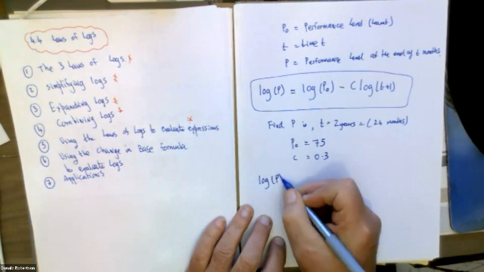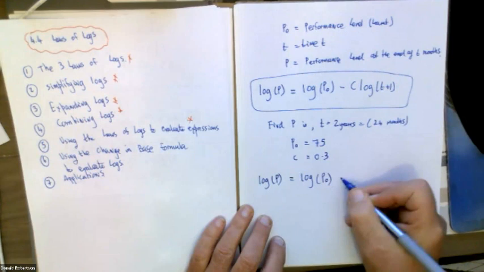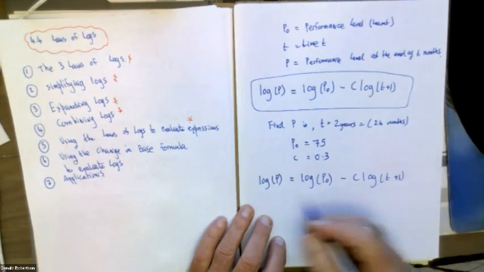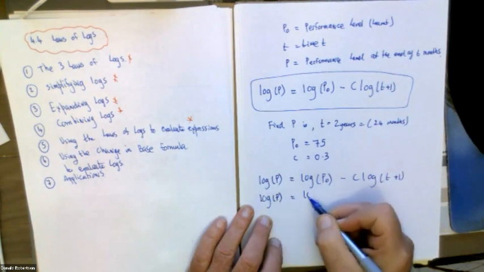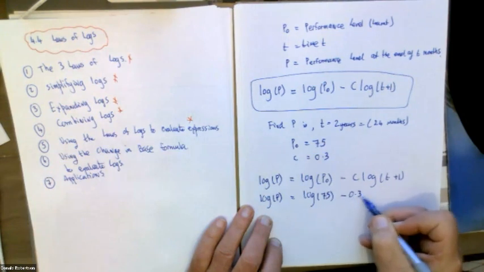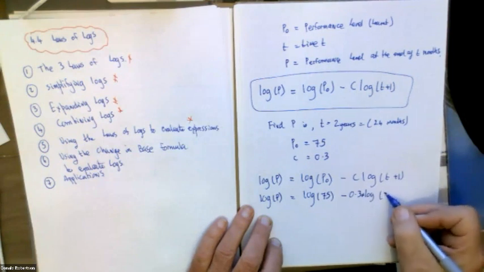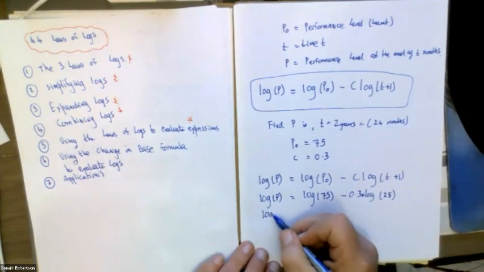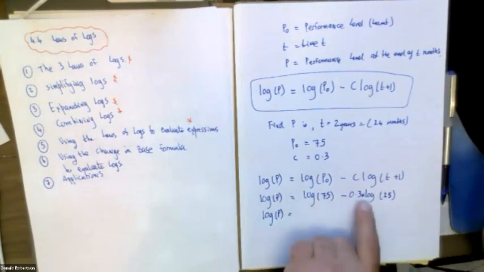So I'll begin by rewriting this formula that we've been given. Now the log of P is going to be the log of 75, take away 0.3 times the log of 24 plus 1, which is 25. And so the log of P is going to be this guy, take away that guy.